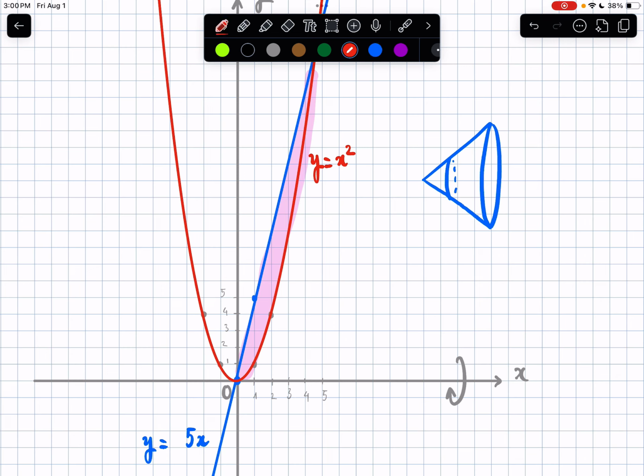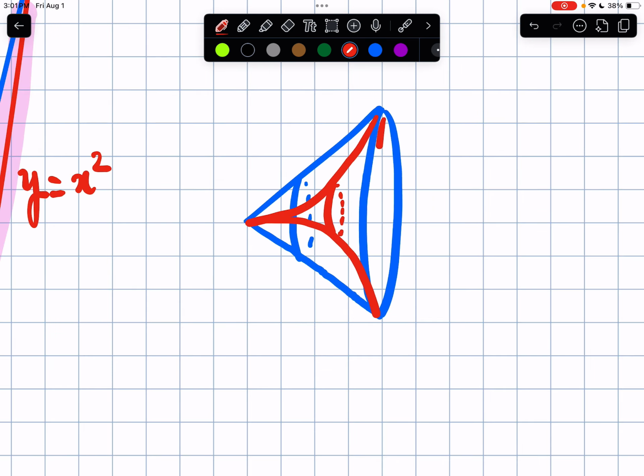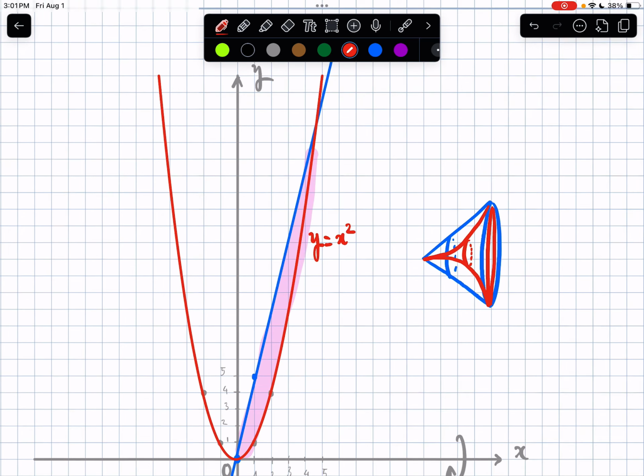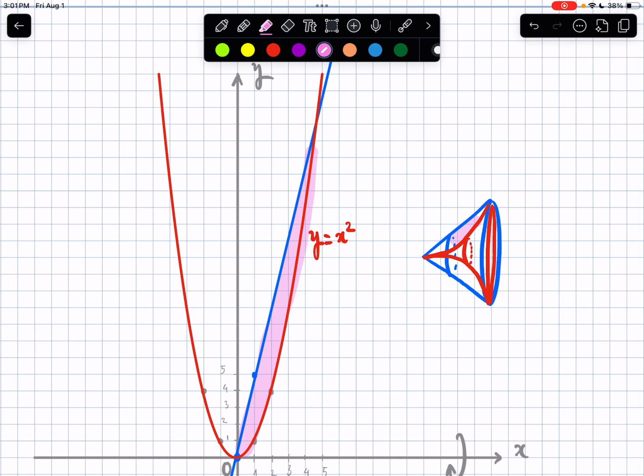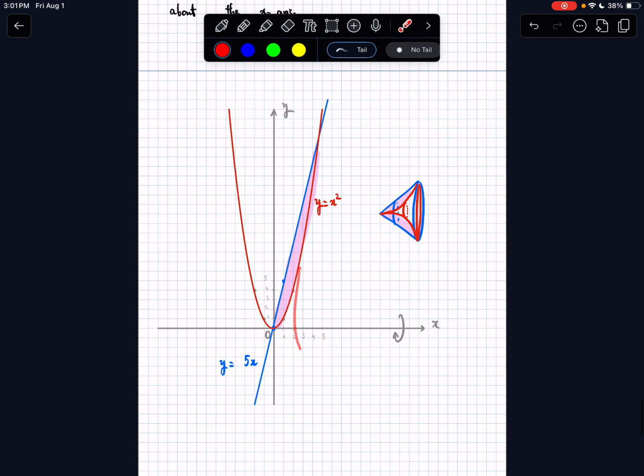The red one is this curve, and if we rotate about the x-axis, we will have this one. The red one is inside, so it gives us this smaller inner circle. So it's solid here, but there is a hollow. This part is empty, the one in between the two curves.